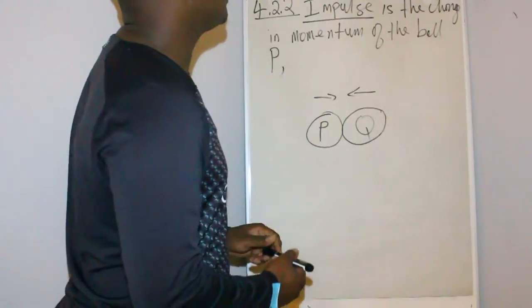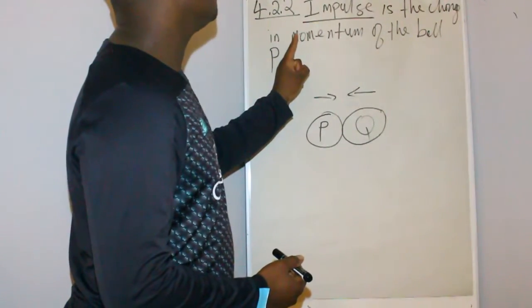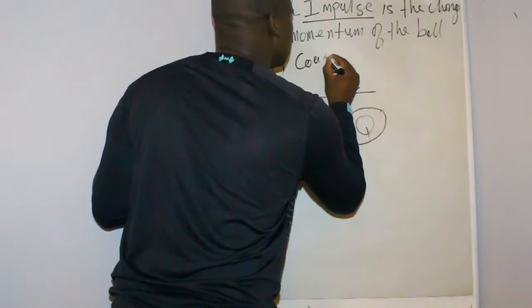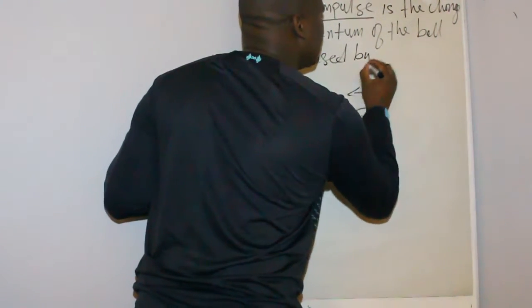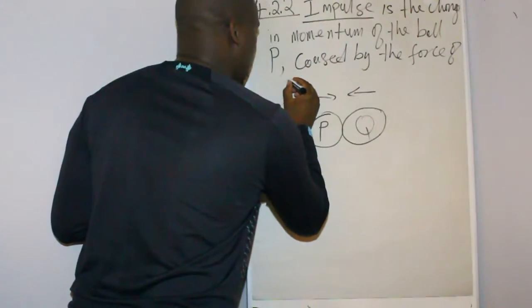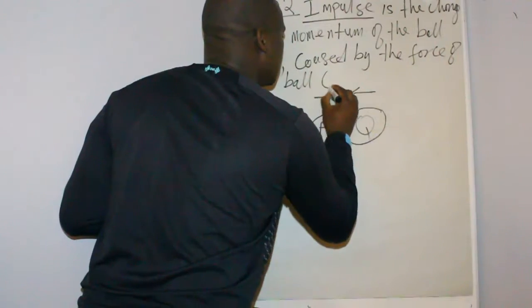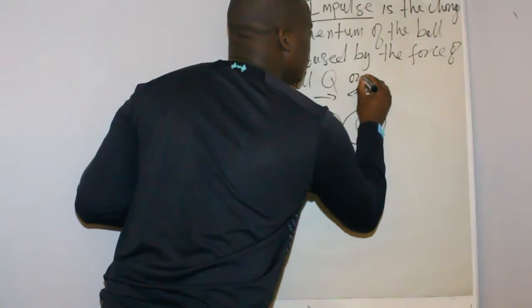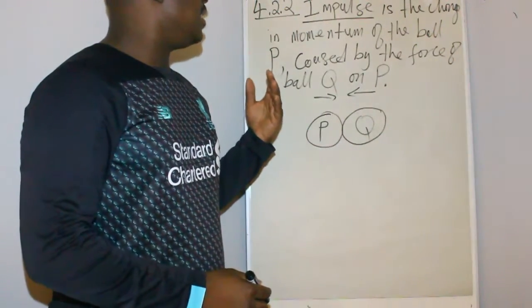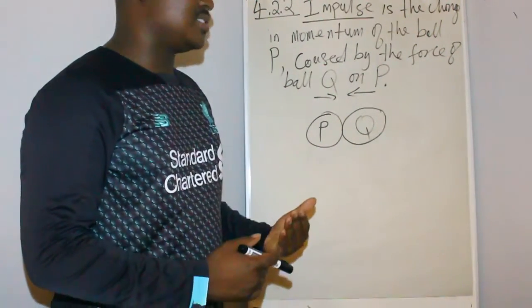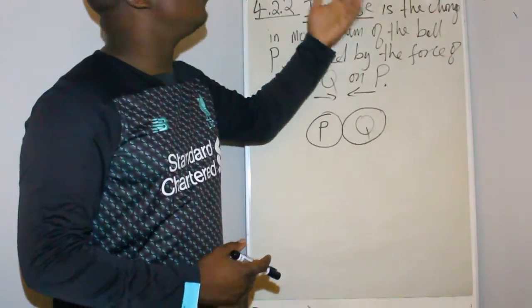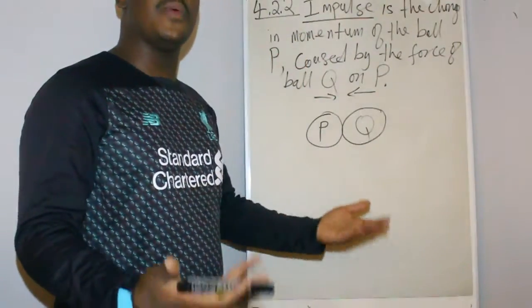So impulse is the change in momentum of ball P caused by the force of ball Q on P. The impulse is the change in momentum of the ball.